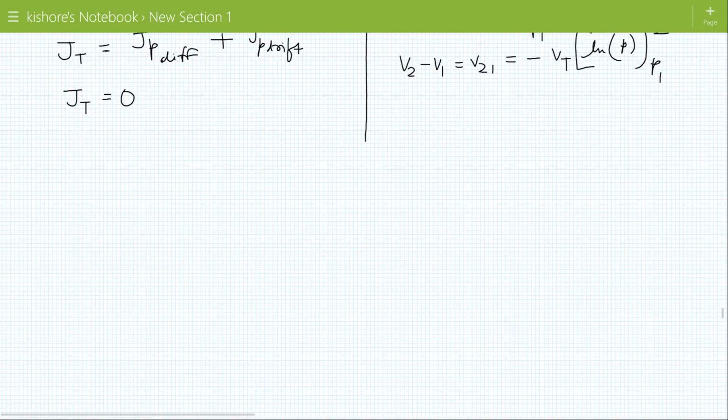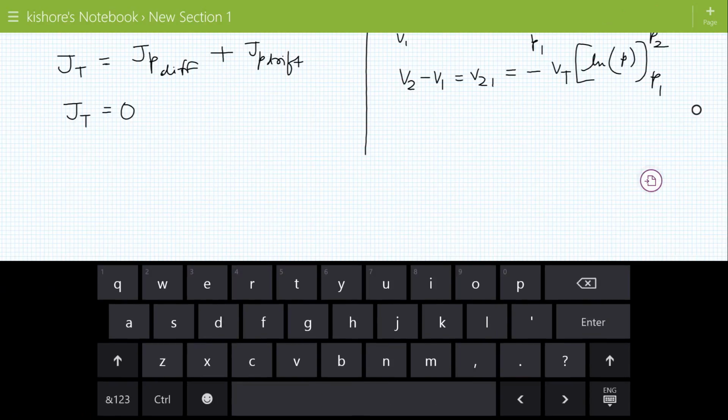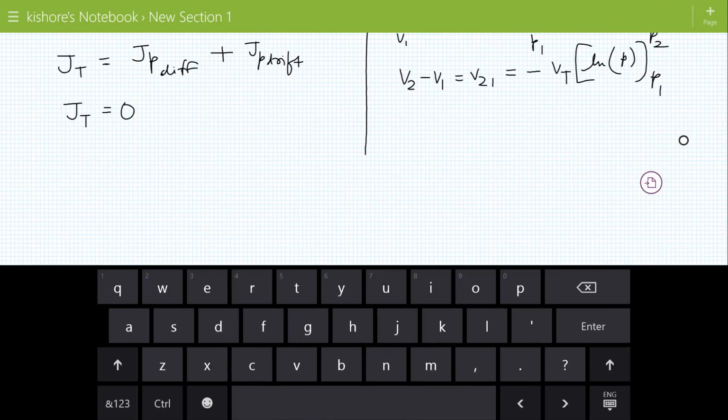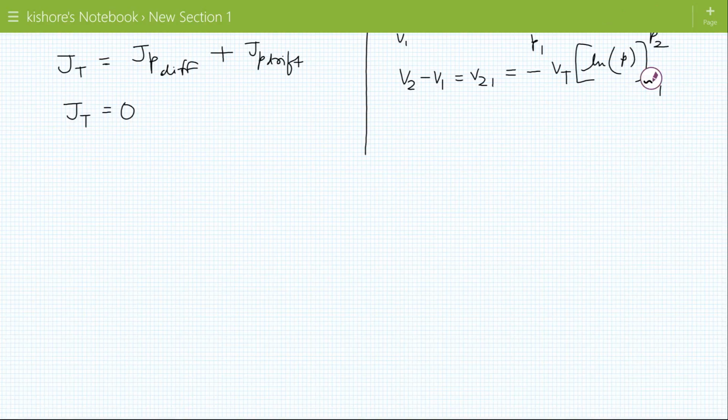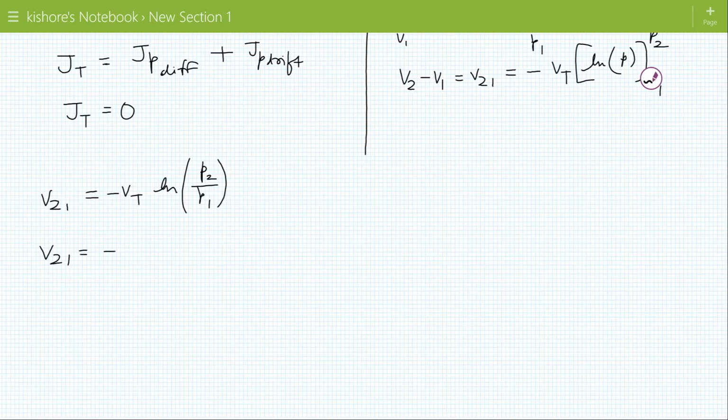Now this V21 is minus Vt natural log of P2 by P1, or simply V21 is Vt natural log of P1 by P2.